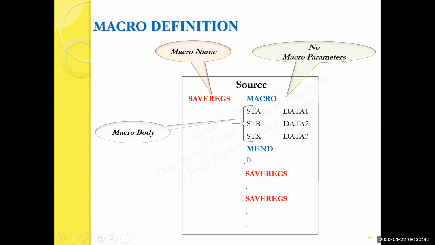And you can invoke this macro by just the name. You don't have to specify any values as arguments because this is a macro without any parameters. So every occurrence of save registers would be replaced with statements STA data1, STB data2 and STX data3. Note that the same set of operands will be used every time the macro is called.